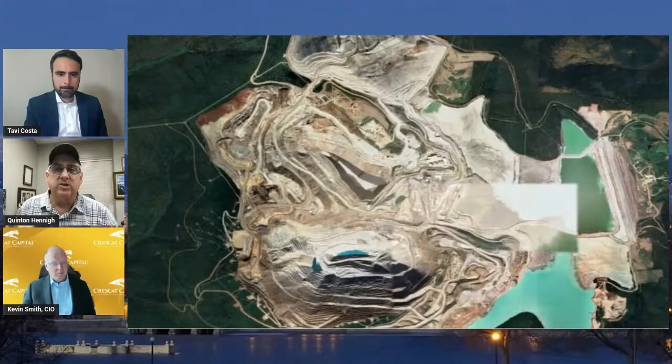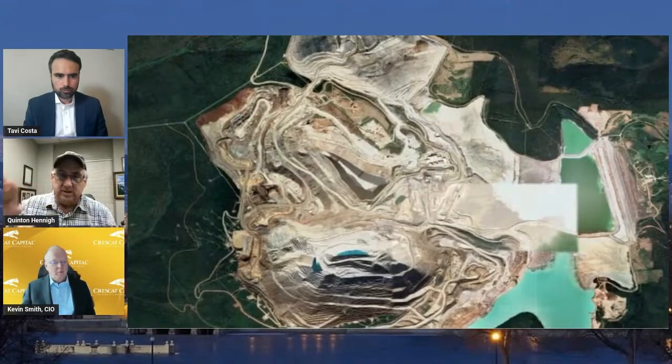But if you look just to the right, upper right of center, you'll see a cluster of buildings there. That's the mill complex. And they do mill the higher grade material. When they say higher grade, at this point, we're talking like half a gram type stuff. They will put that through the mill. Mill tailings are stored over here on the far right. The area that's kind of turquoise blue is basically your mill tailings storage facility.